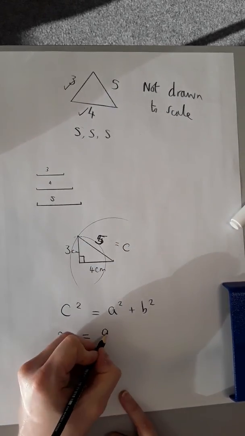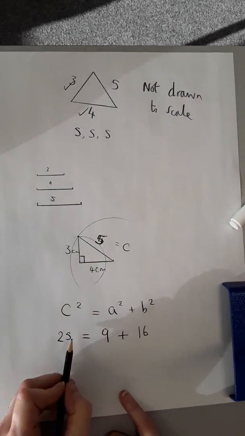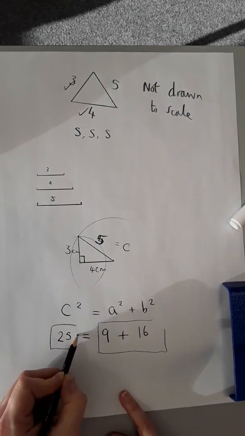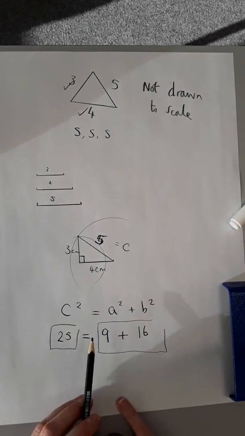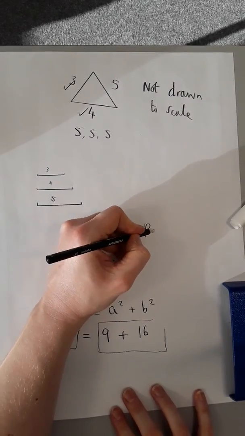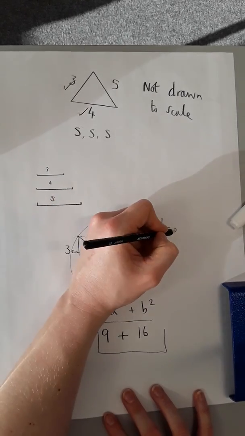So 3 squared is 9, plus 4 squared, which is 16. Now notice that these two are exactly the same as this one, and any time that is true, you will definitely have a right angled triangle. And that is your first introduction to Pythagorean theorem.